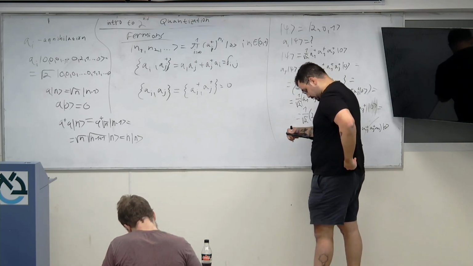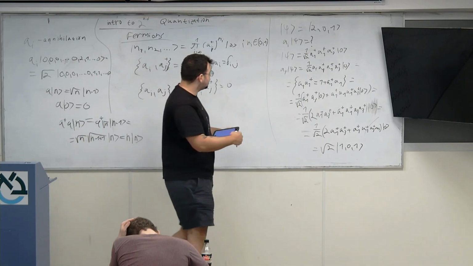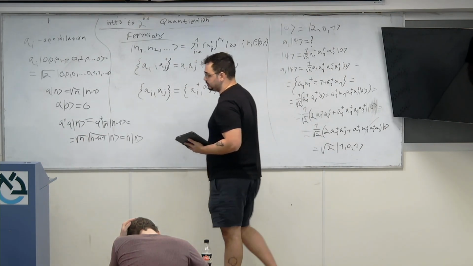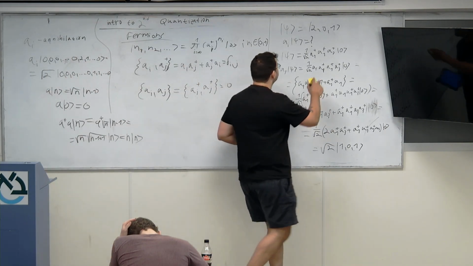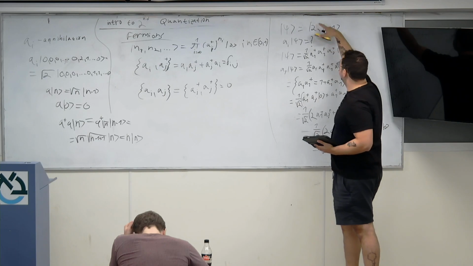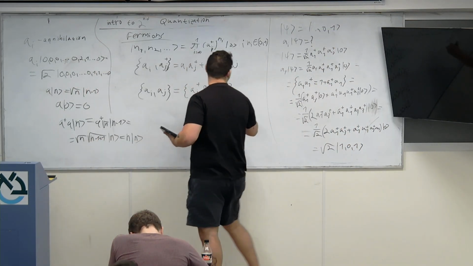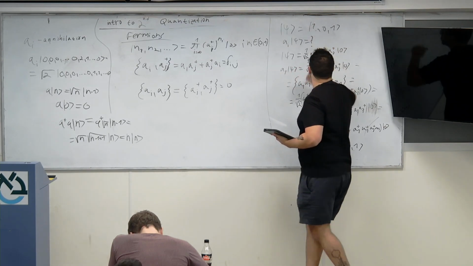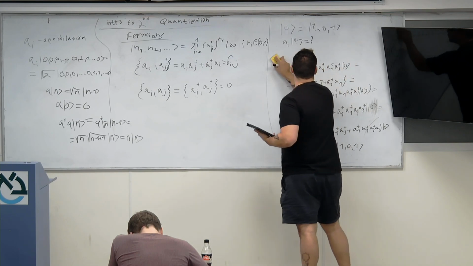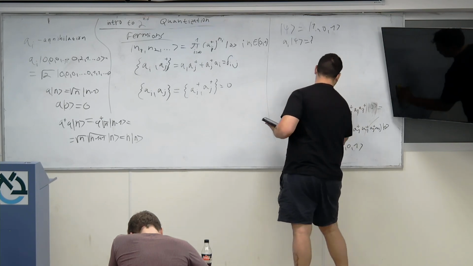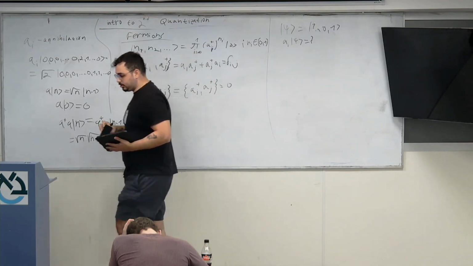Now let's do a very similar question, but with fermions. Again, fermions can't have 2, so I'm just going to replace this with 1. The rest of the question will be this.